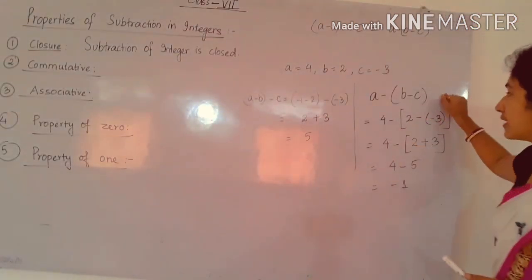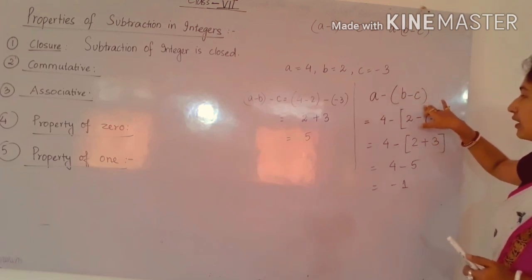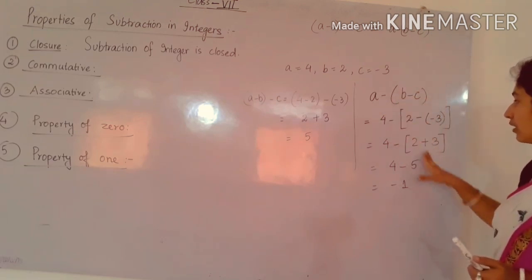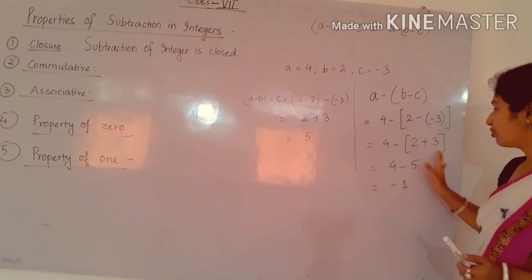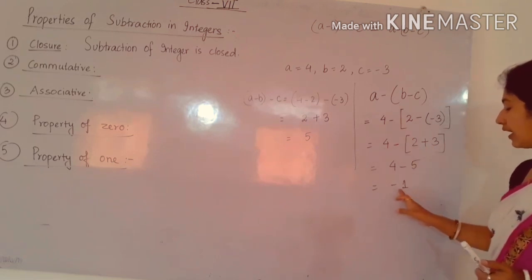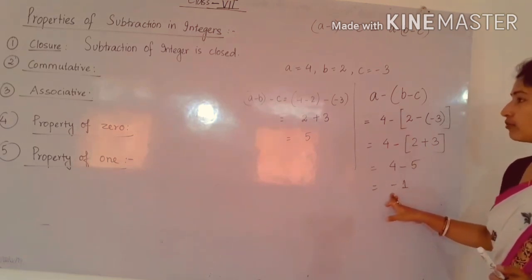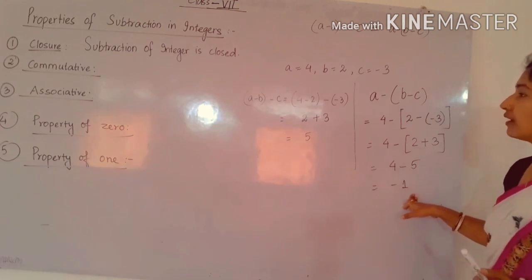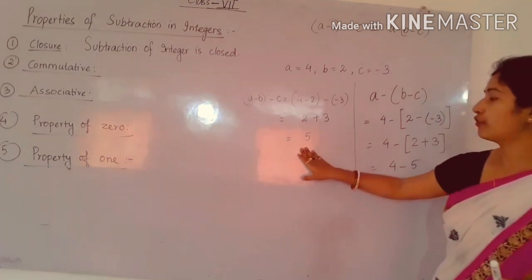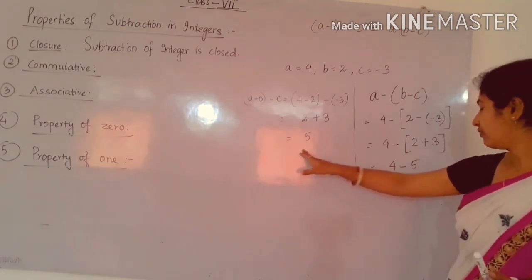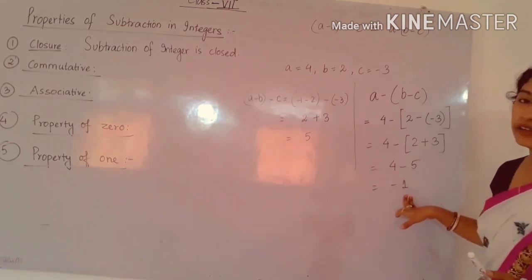For the right hand side, a minus bracket b minus c, I have done the calculation part. After calculating it, I am getting minus 1 on the right hand side, and on the left hand side I am getting 5. As you see, 5 is not equal to minus 1.